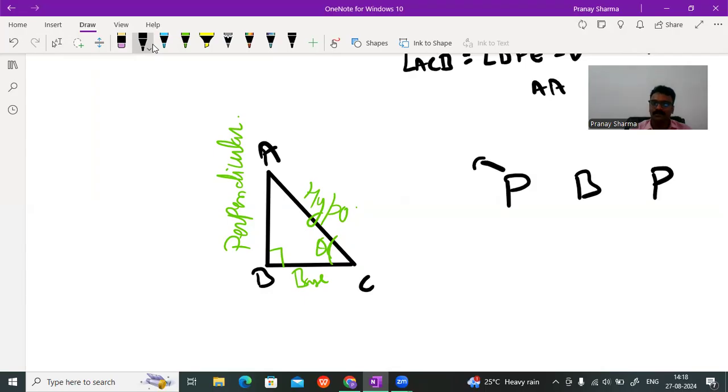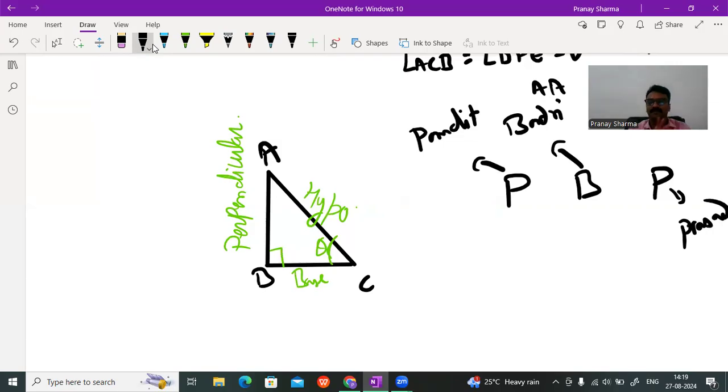This can be remembered using Pandit. I have a sentence in which this can be remembered. Pandit Badri Prasad, P stands for Prasad. So this is a name, Pandit Badri Prasad. And as he is a Pandit, he is chanting Har Bhole. Right. So this H stands for Har Bhole.